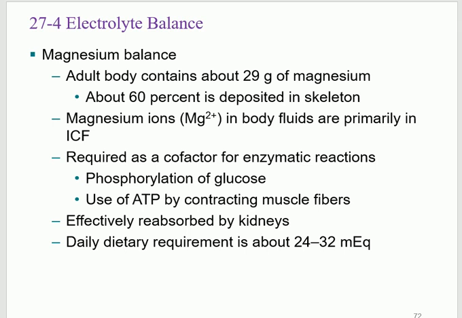It's part of the structure of the bone. We need small amounts, but still part of the bone. It also helps enzymes. So bone and enzymes. This is the most important thing about magnesium. Bone and enzymes.